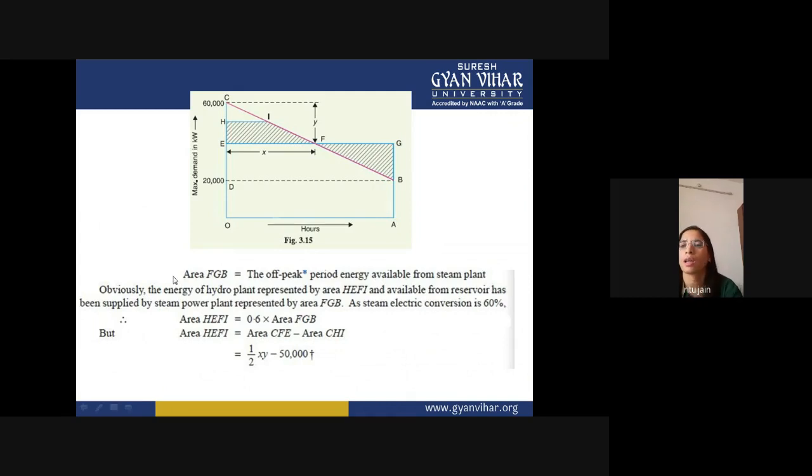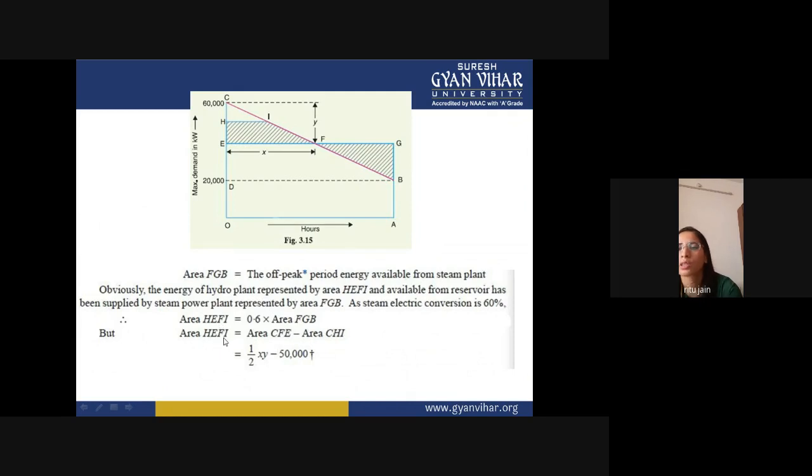So obviously the energy of the hydro plant represented by the area HEFI, this is the energy of the hydropower plant available from the reservoir, has been supplied by the steam plant represented by area FGB. So as steam electric conversion is 60%, the area HEFI is equal to 0.6 into area FGB. So you can easily calculate.